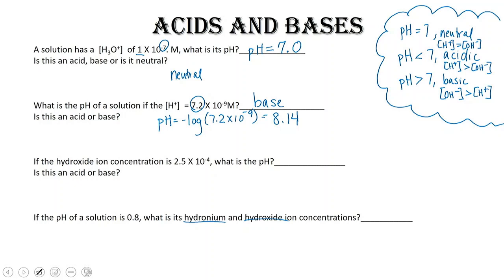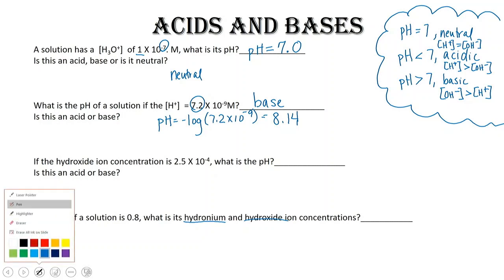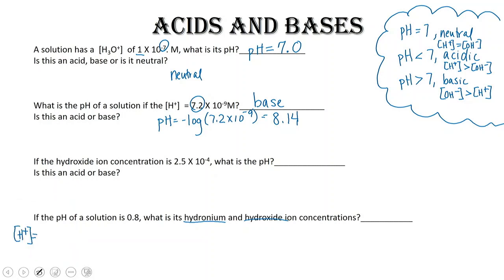So given the pH, we can determine the hydrogen ion concentration is going to be 10 to the minus 0.8. Plug that into your calculator and you get 0.16 molar.